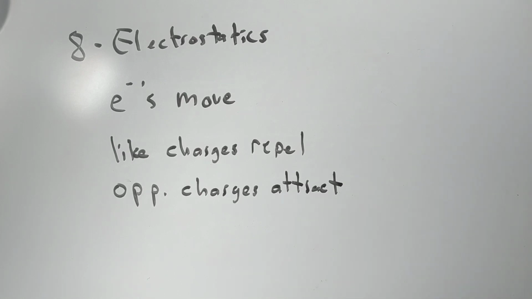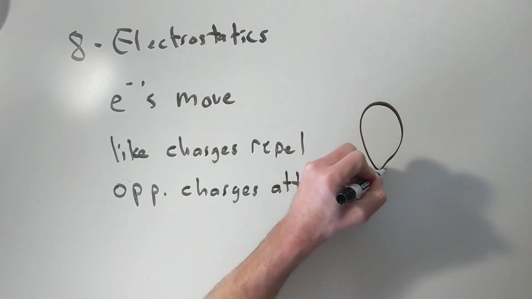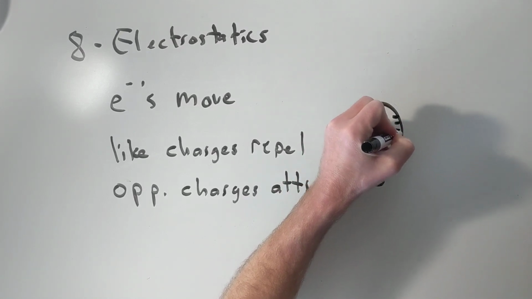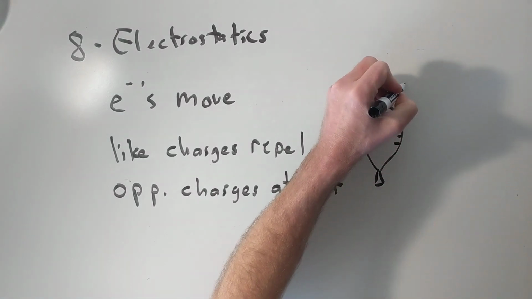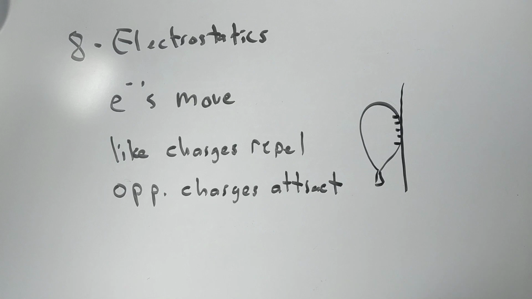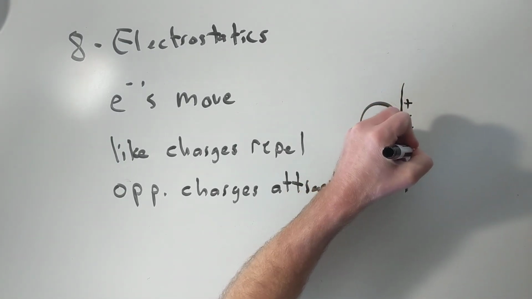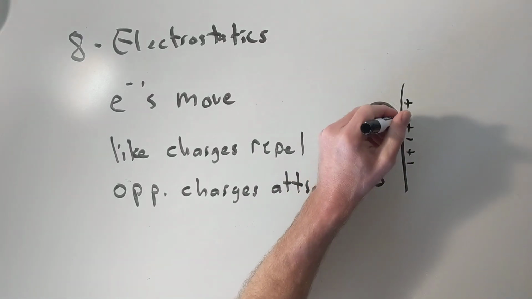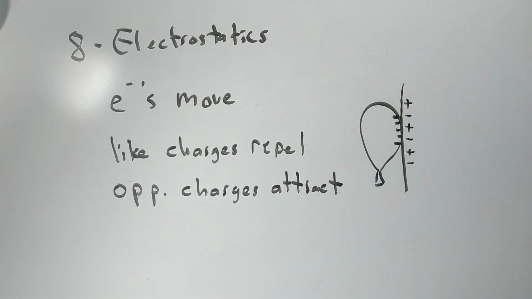A typical example is a balloon that you rub on your head. On the side that you rubbed it, you end up having some negative charges deposited on that balloon. But that balloon will stick to a wall. That's because inside the wall, even though the wall is neutral, the electrons will move over slightly, and then you have a slightly induced positive charge there.